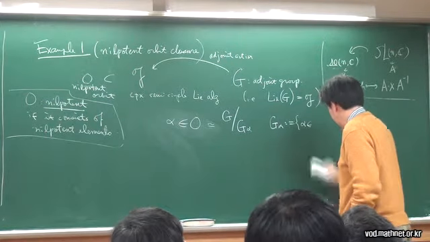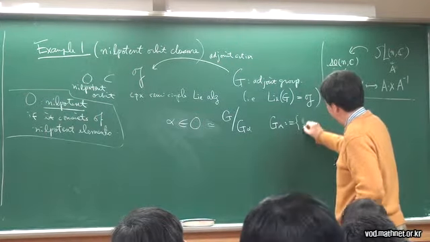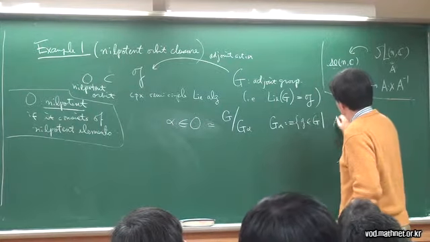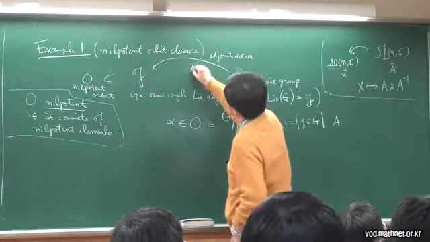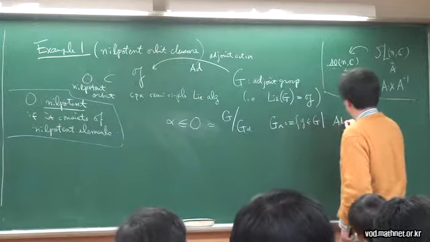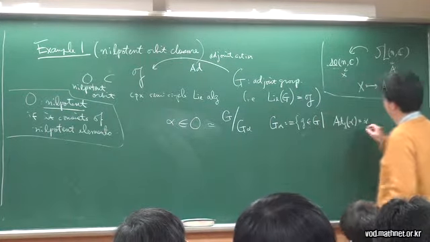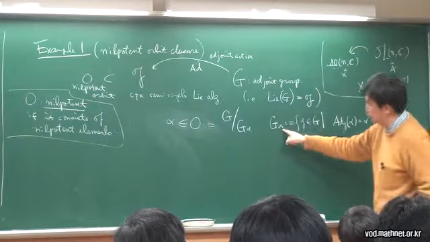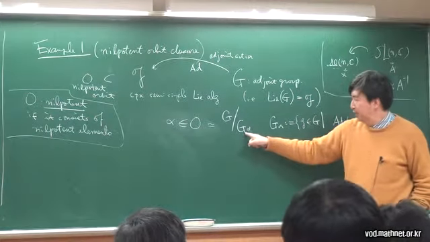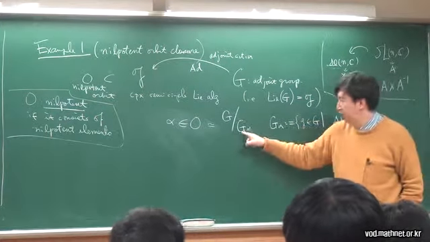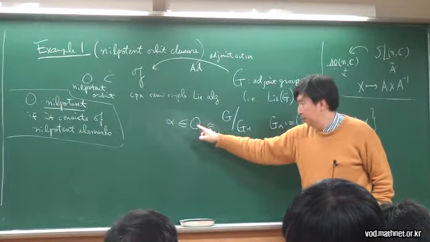These are the elements of G whose adjoint action on alpha stabilizes alpha. This is a closed subgroup of G, and G mod G_alpha is isomorphic to O.